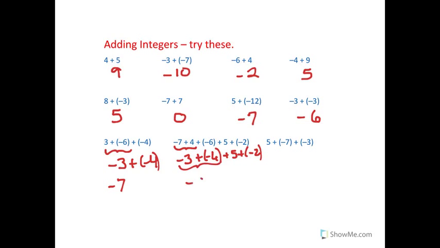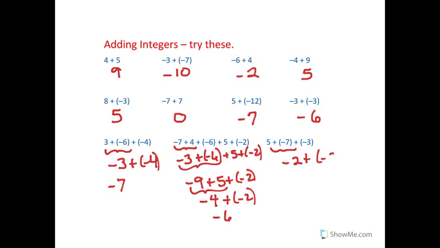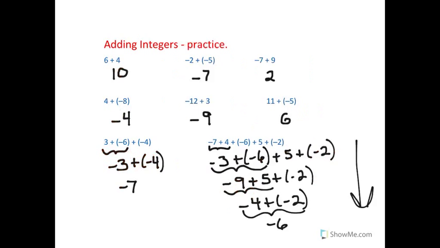Negative 3 and negative 6 is negative 9. Negative 9 plus 5 is a negative 4. And a negative plus a negative is a negative. 5 plus negative 7 is negative 2. And a negative plus a negative is a negative. How'd you do?